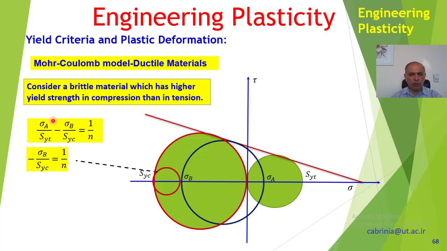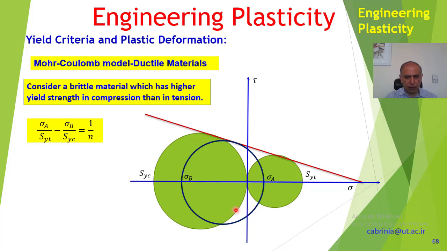Of course, here we have a negative for the compression side, and the condition is this: for this circle, sigma A is this one, and sigma B is this one. So sigma A is smaller than sigma B, which is smaller than 0.